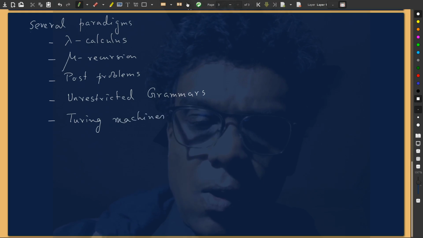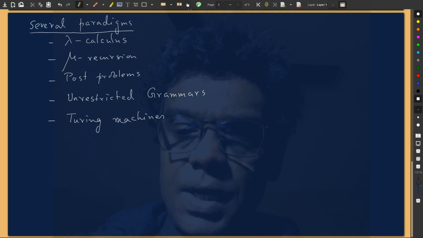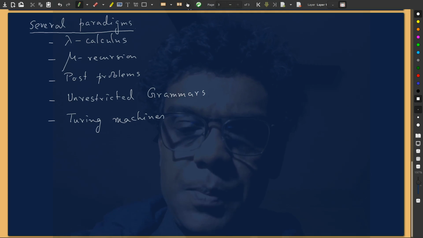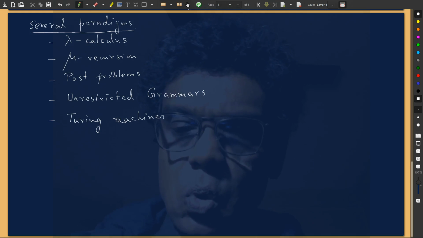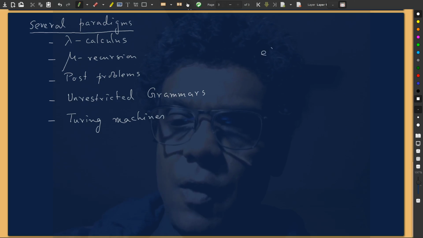So they are all proposed in order to quantify, or scientifically make precise, the talk about effective computability.